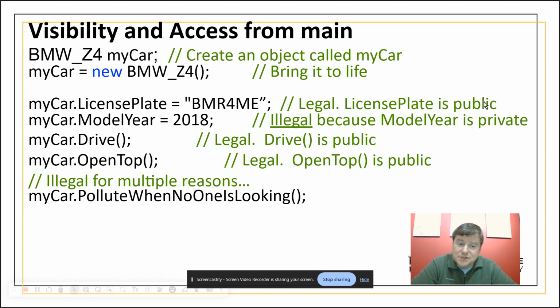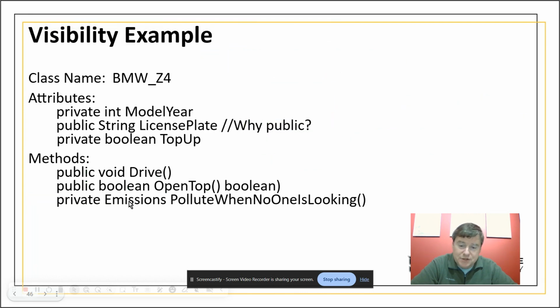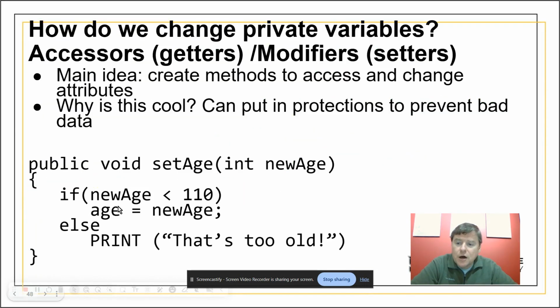That's allowed because it's public, but car.modelYear is not allowed because it's private. Car.drive is allowed because it's public. Car.openTop is allowed because it's public, but car.polluteWhenNoOneIsLooking is not allowed because it's private. In this example, emissions pollute when no one's looking. It returns emissions. Clever.